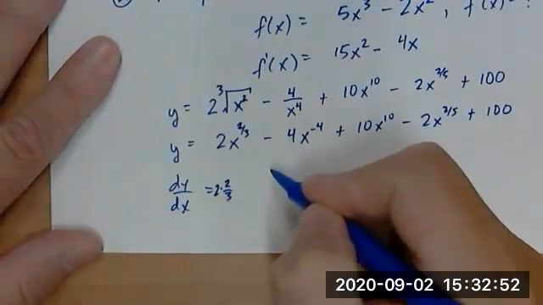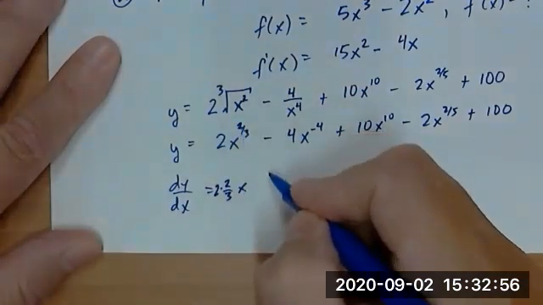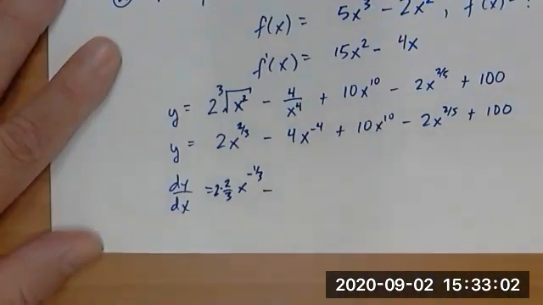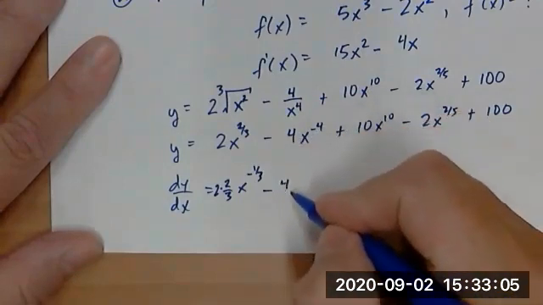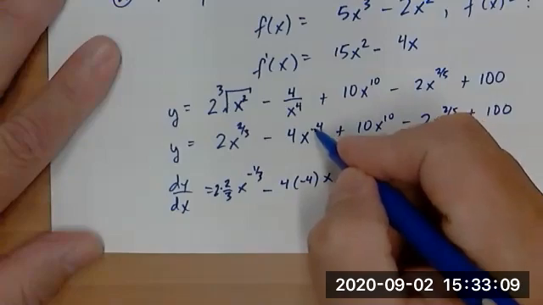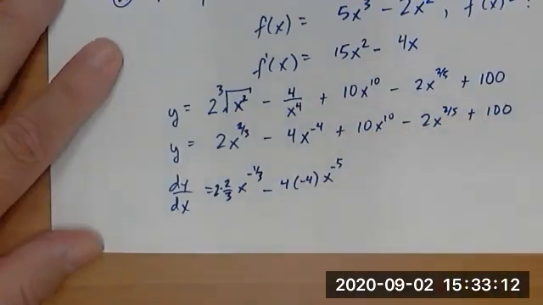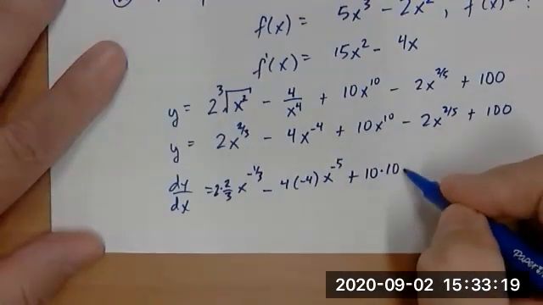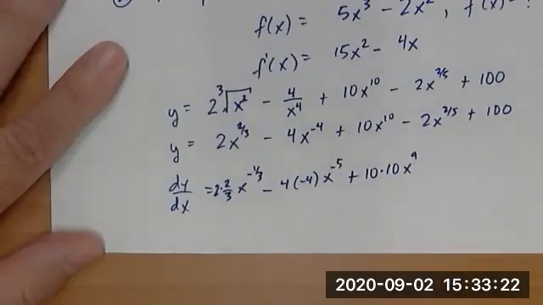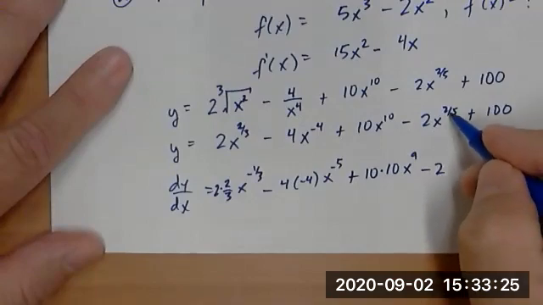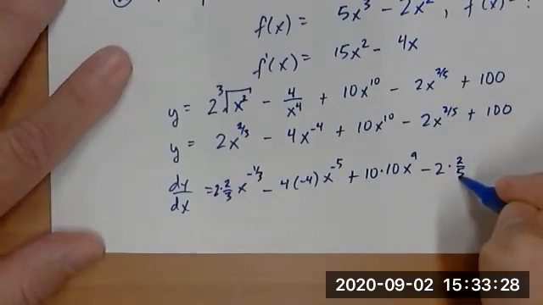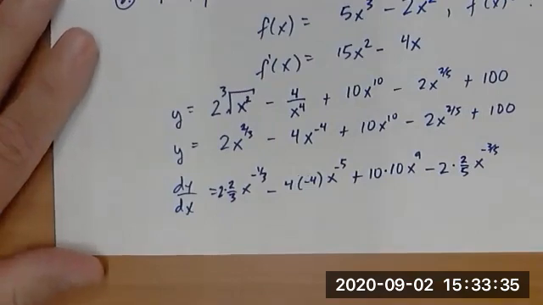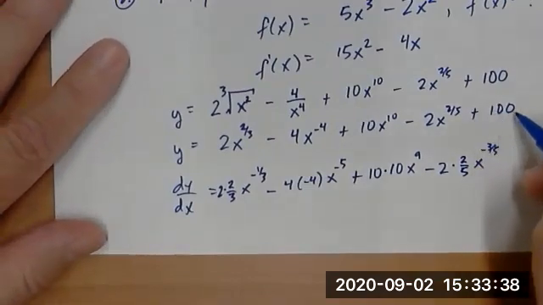Well, the 2 tags along, 2/3 comes down front. 2/3 minus 1 is negative 1/3, minus the 4 tags along, minus 4 comes down front, and then I subtract 1, so the exponent's minus 5, plus 10 tags along, 10 comes down front, so this one's pretty straightforward, minus the 2 tags along, 2/5 comes down front, and I subtract 1 from the exponent. And then what's the derivative of a constant? It's just 0.